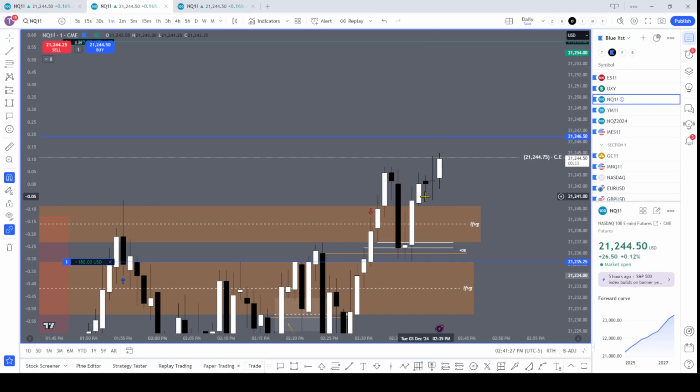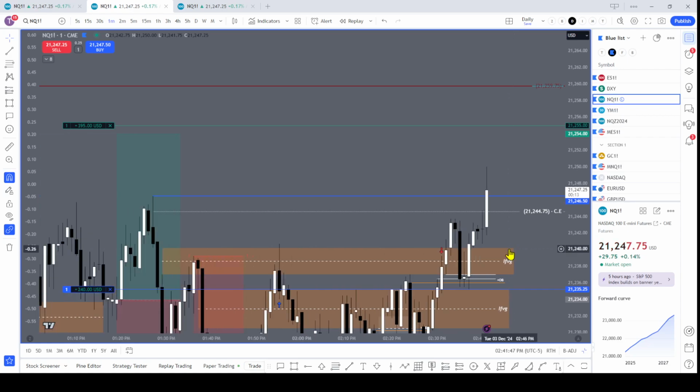Got a swing low here. Strong move through this buy side.